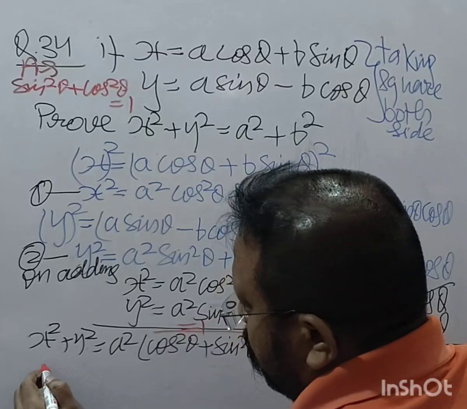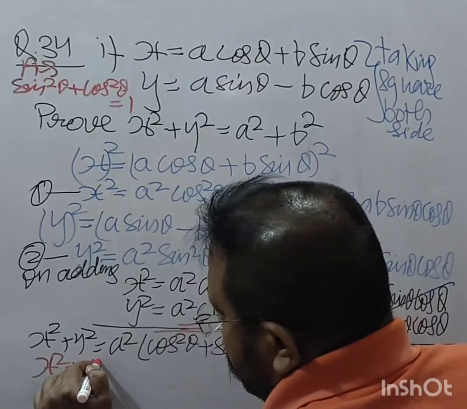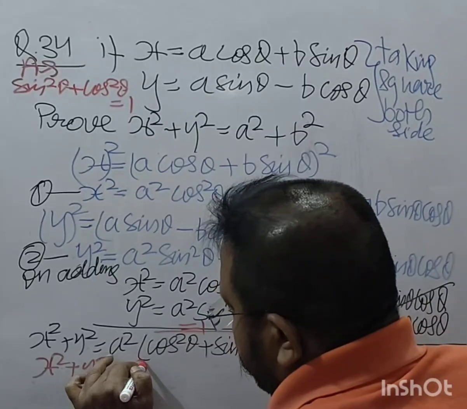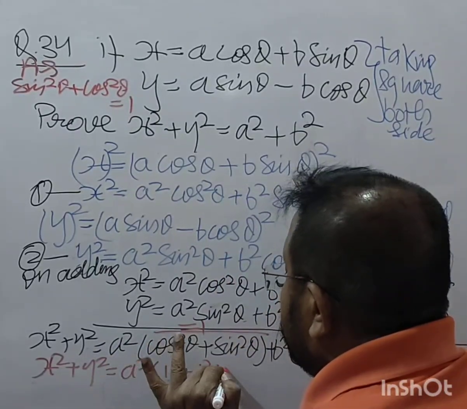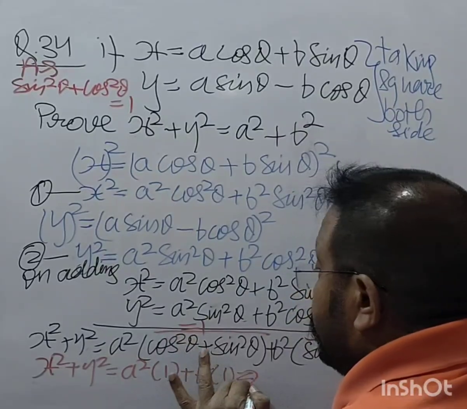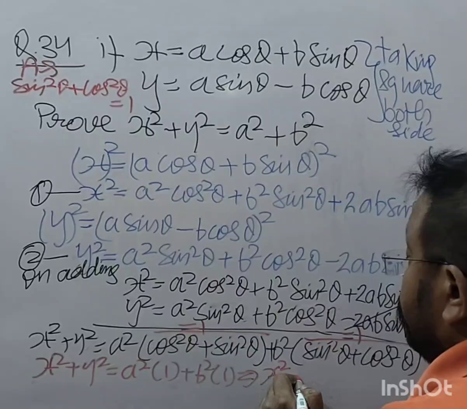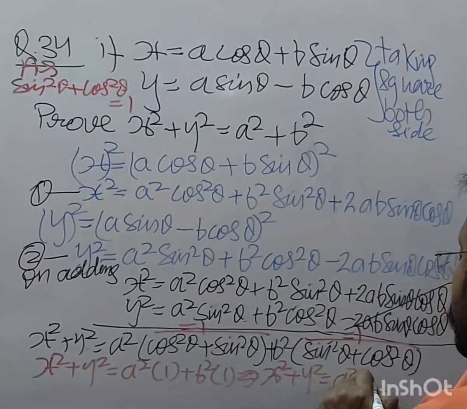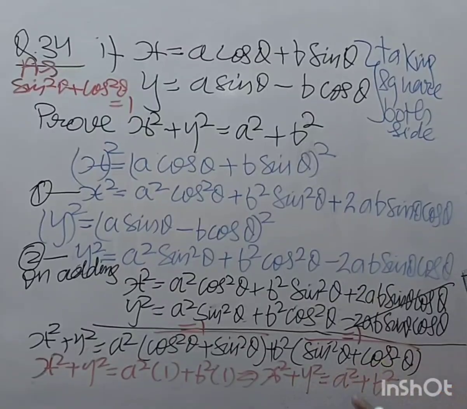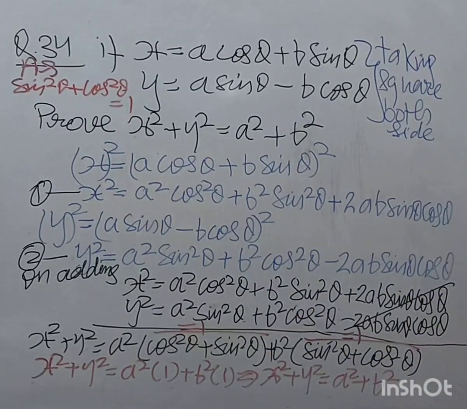So we get x square plus y square is equal to a square bracket 1 plus b square bracket 1, or we can say x square plus y square is equal to a square plus b square. You get this? This is question number 34.